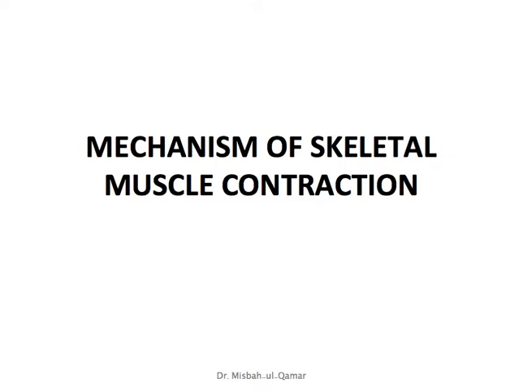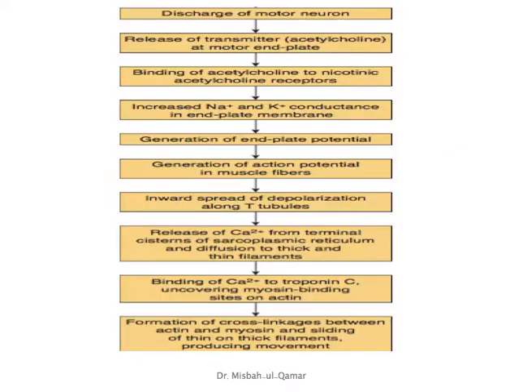Now, let me briefly tell you the mechanism of skeletal muscle contraction. As I have already told you, the action potential in the nerve fiber leads to the secretion of acetylcholine and the opening of acetylcholine gated channels.